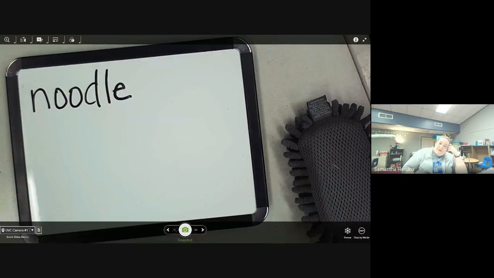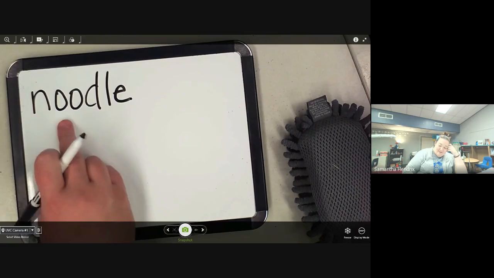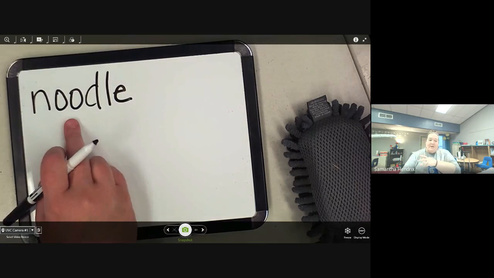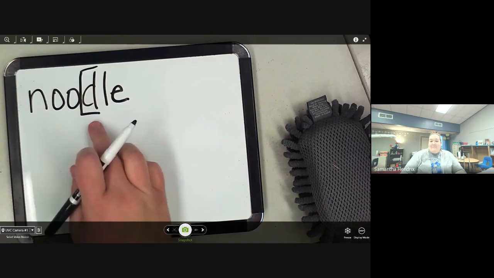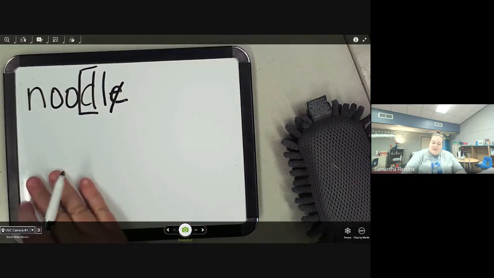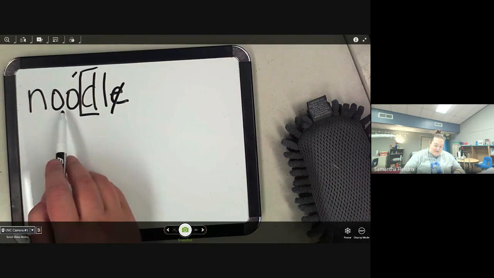So here's a word, okay? So we will see sometimes digraphs and combinations in the syllable before the final stable syllable. So like this, here's our stable syllable, final stable syllable, okay? So this gets the accent. So here's a digraph.